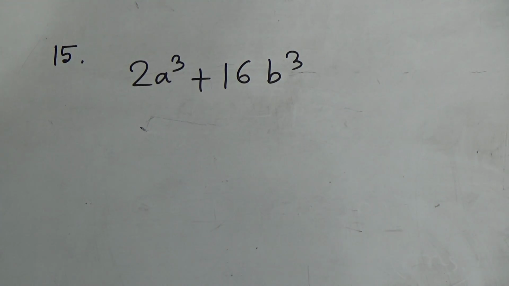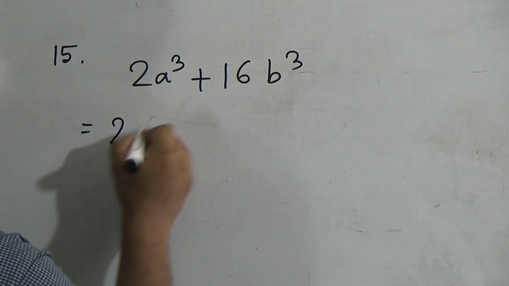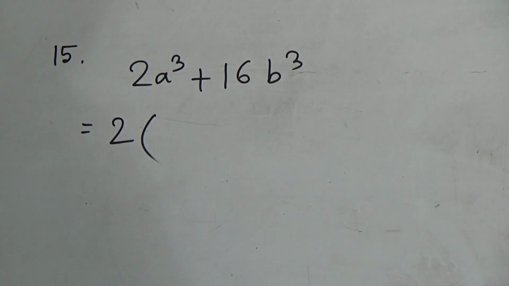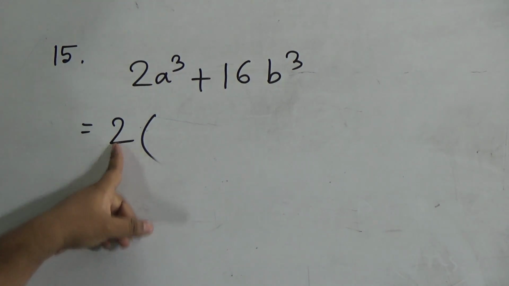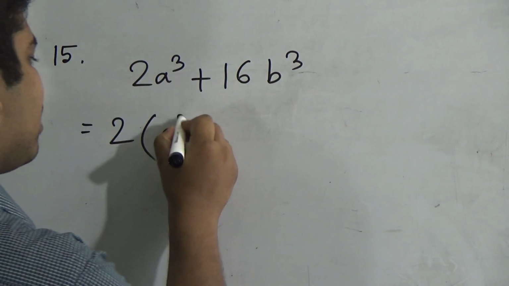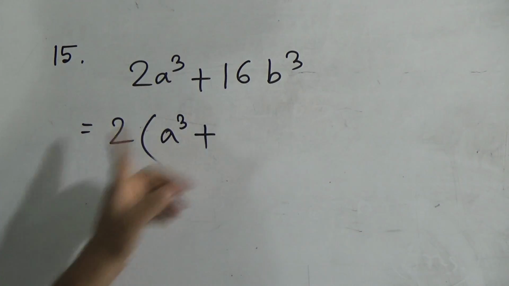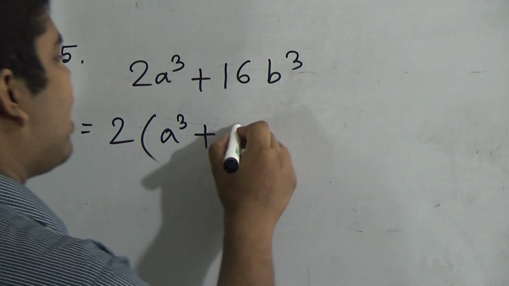So we can notice 2 is common to both expressions. Common means we divide both terms by that number. So we divide 2a cube by 2 and we get a cube. This plus sign is here. After that we divide 16b cube by 2 and we get 8b cube.